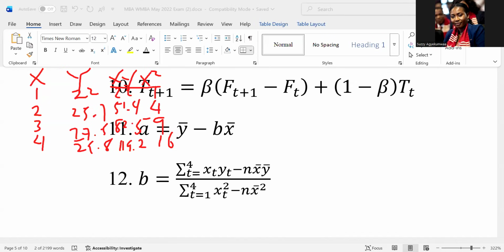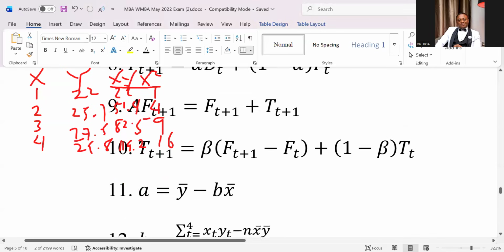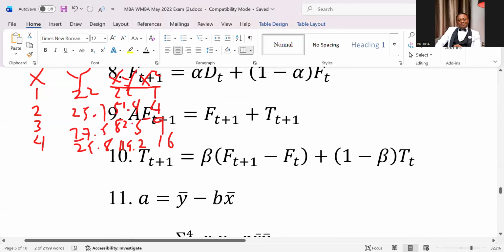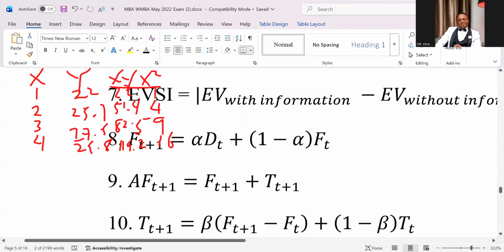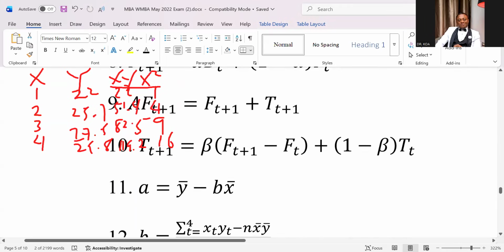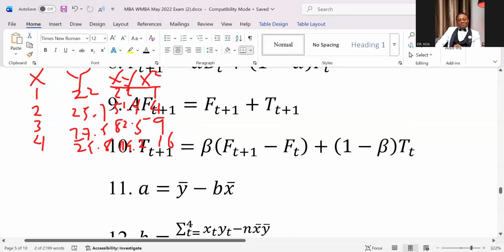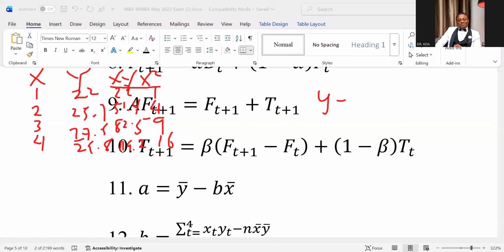Now remember that the formula for the trend line, that is for those of you who may not know, let me just go back here. The formula for the trend line is always given. That is what you see in equation 11, the A part. The A part was achieved by manipulating the Y. So technically, it is Y equals A plus BX.